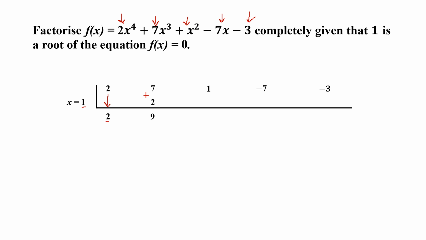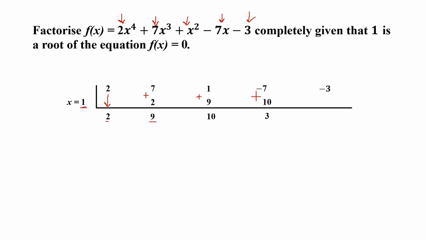Right, the number that we write under this 1 is the product of 1 and 9, which is 9. If we add these 2, we get 10. 1 by 10, 10. If we add these 2, we get 3.